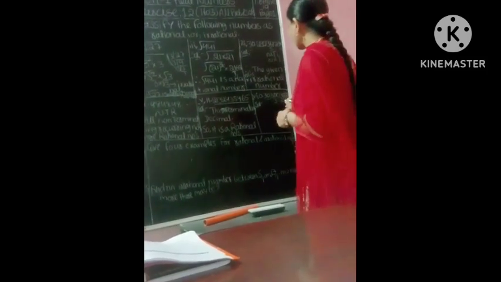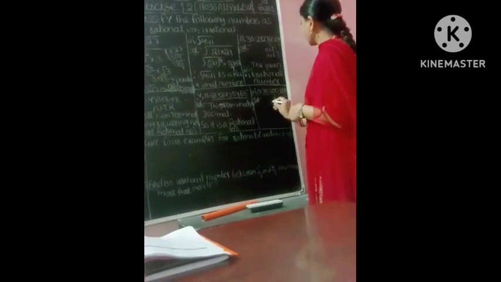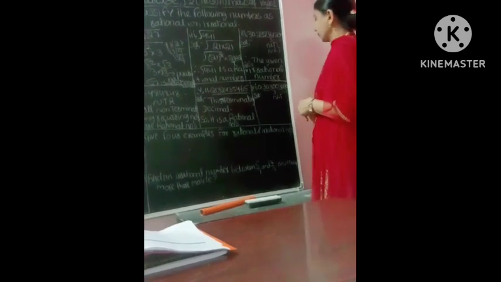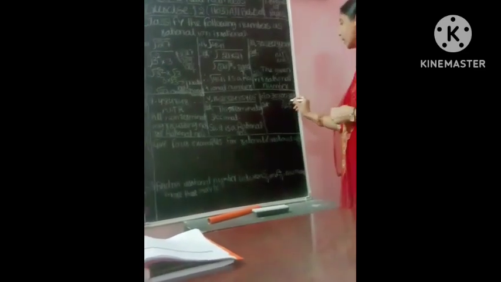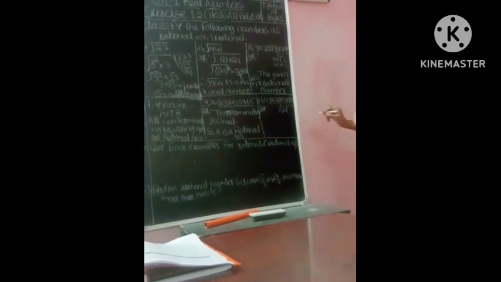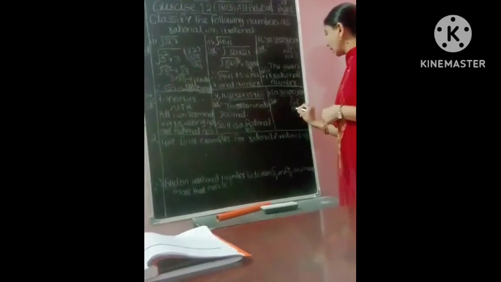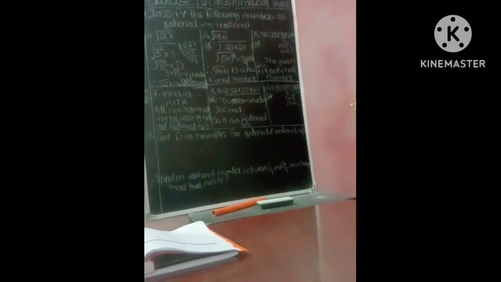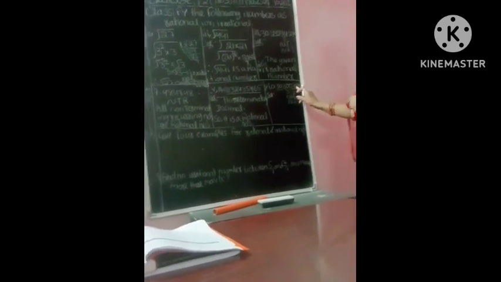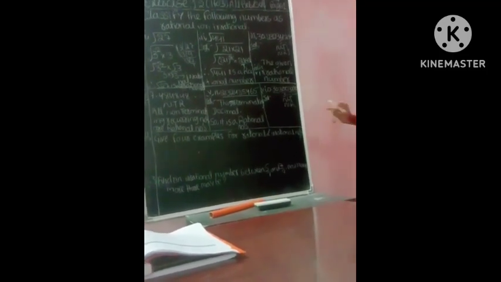So that's why this is a non-terminating decimal, and it is non-repeating. Here there is no repeating of numbers. All are different types of digits.